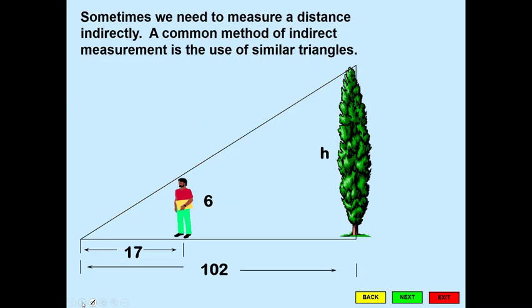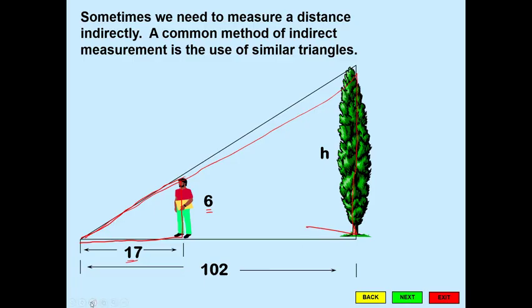Okay, fantastic. Now, sometimes we have a situation where, here's a triangle right here within a triangle. So we have our smaller triangle. Its sides are 6 and 17. And then we have this great big triangle here.